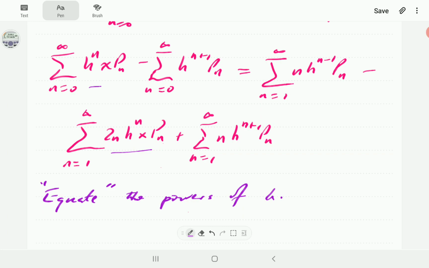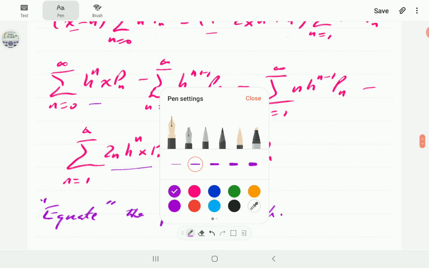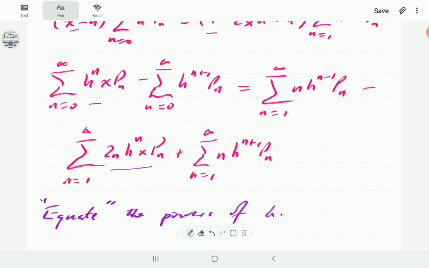So remember, the power of h is a dummy variable. Whatever we call it is not an issue, whether it's m or n. What we get ultimately is the same thing. So this one has got n plus 1. So what we're going to do is let n plus 1 be a new variable m.